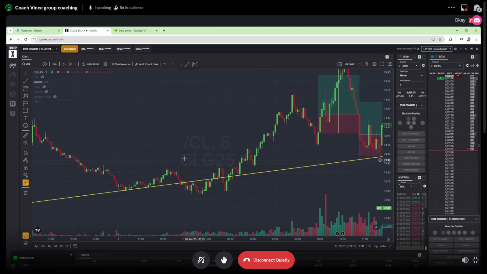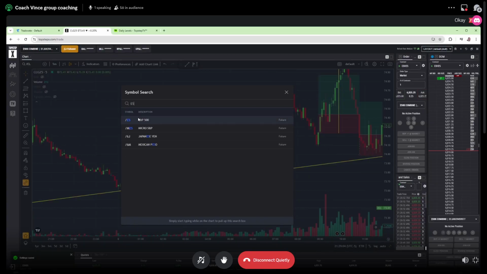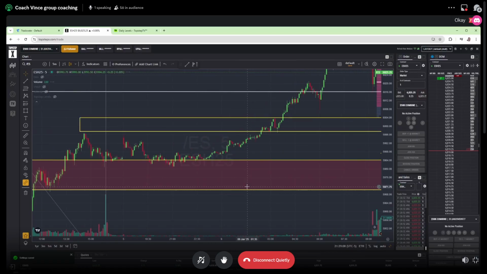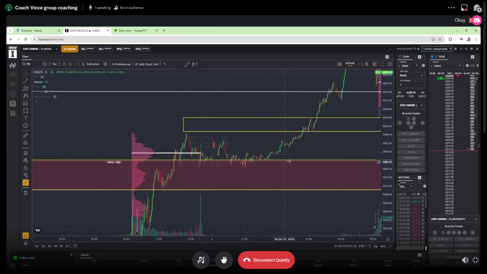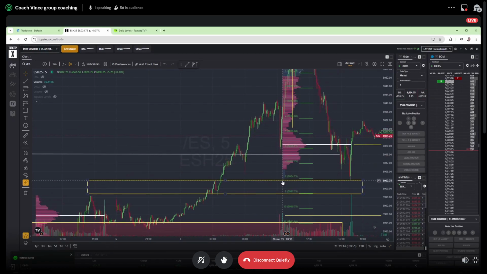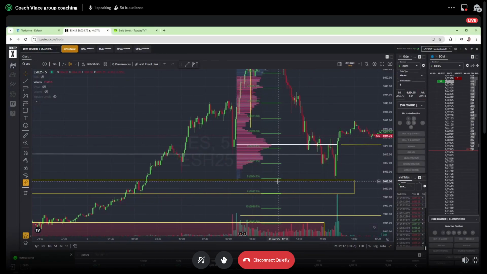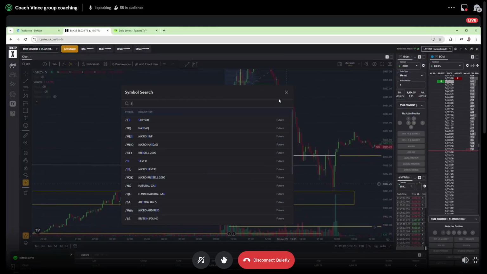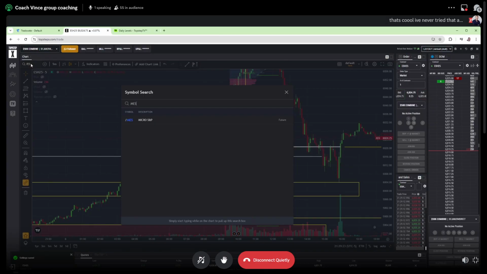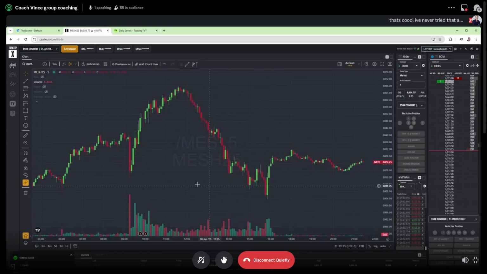Okay. So let's look at an ES open range trade from last week. Where is it? I'm gonna try to pull up a cleaner chart. All right.